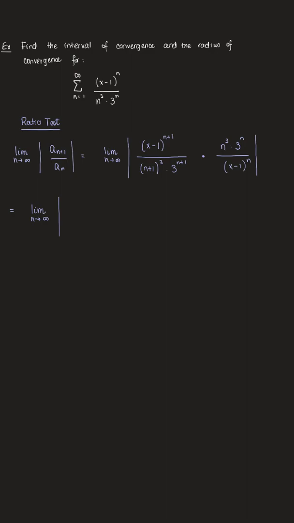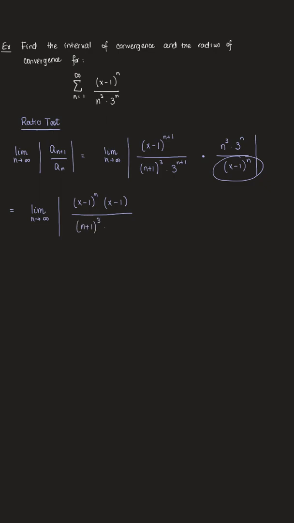So I can see with the (x minus 1) to the n plus 1 that we can rewrite that as (x minus 1) to the nth power times (x minus 1) to the first power using rules of exponents. That's useful because it's going to help me cancel with this. In the denominator, we've got the (n plus 1) cubed.